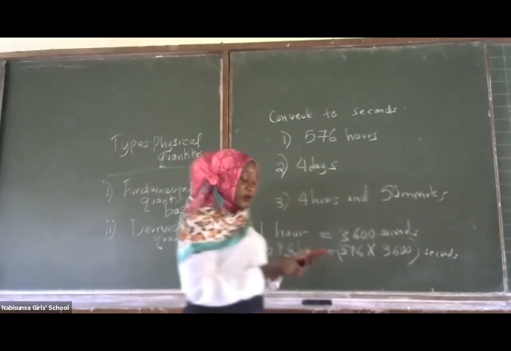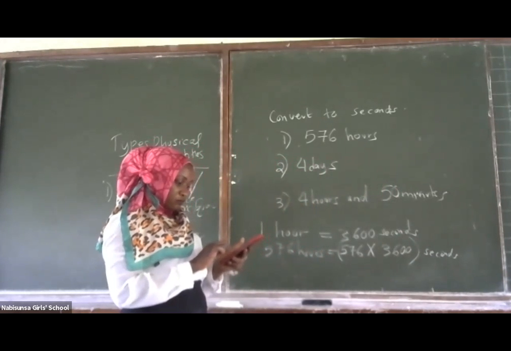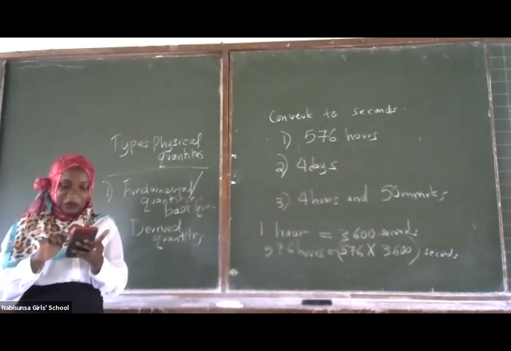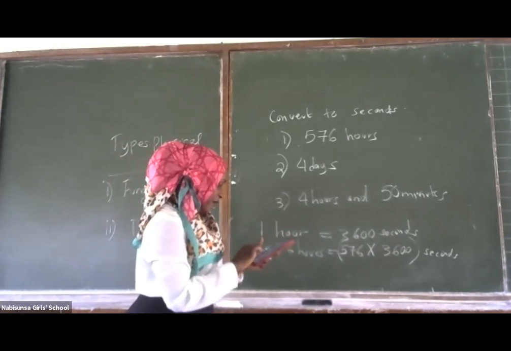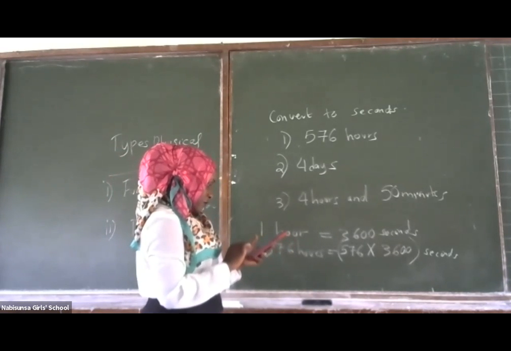So when you multiply using a calculator, what do you get? Let's quickly multiply here. 576 times 3600.